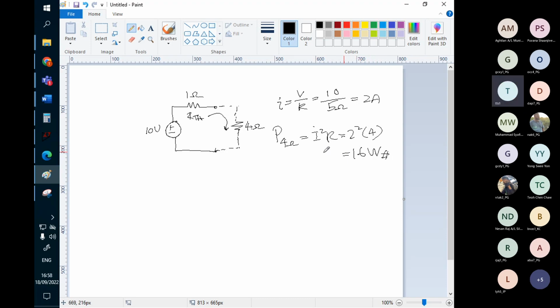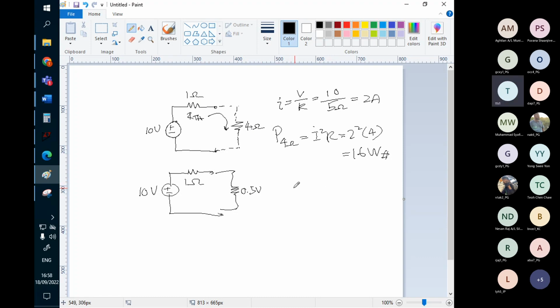Okay. So if you make this one smaller, that means it's the 10 volt. Remember the 1 ohm is the fixed one, you cannot change. If you make this one smaller than 1 ohm, that means the 0.5 ohm.